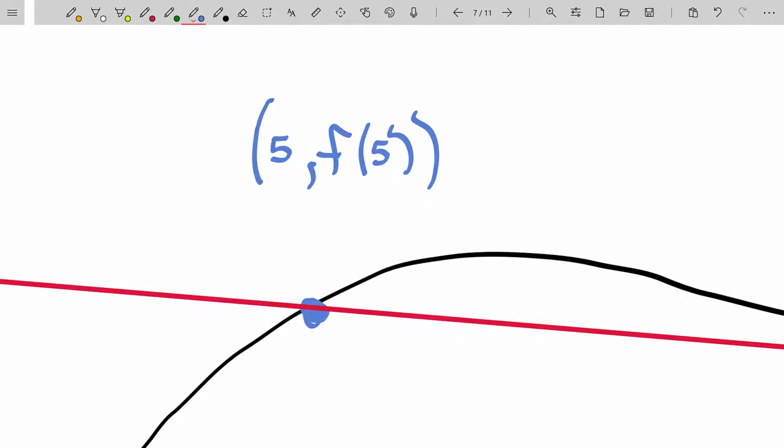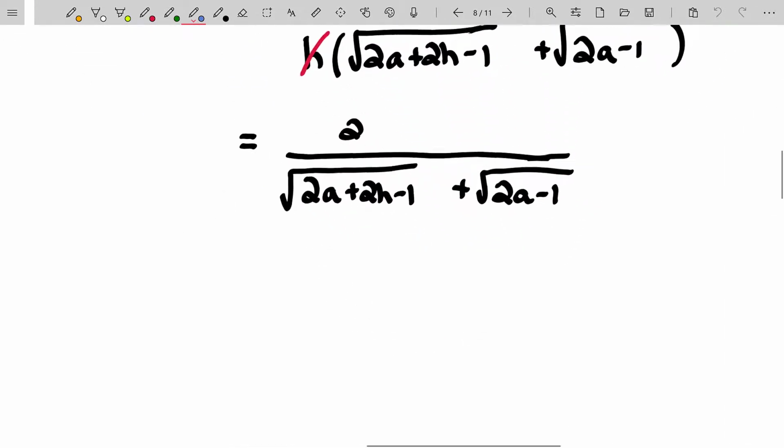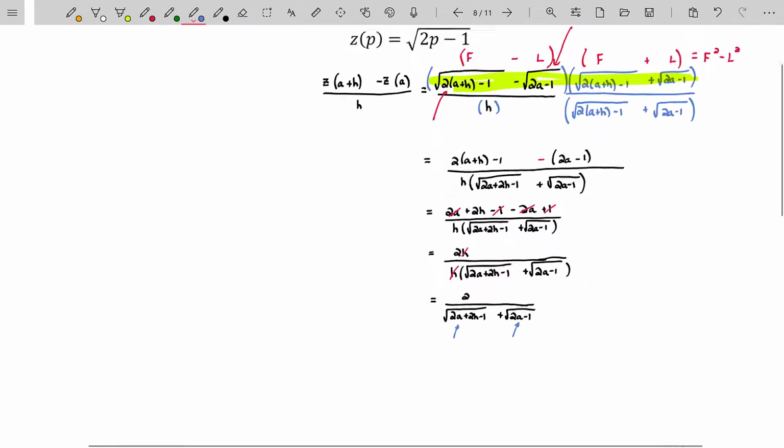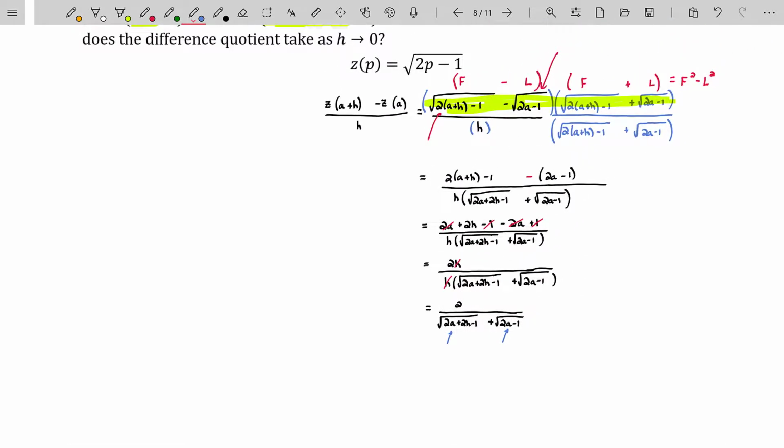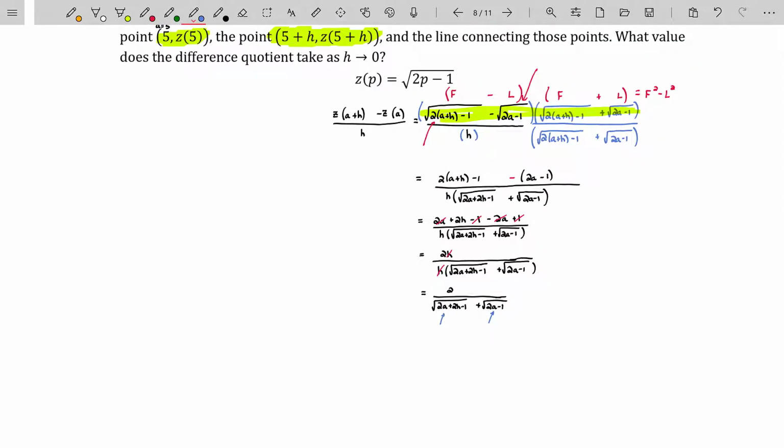Fine, z of 5. So in reality, for this problem, when we go over to Desmos, we are going to lock these values of a in to be 5. But technically right now, this is just the difference quotient that you're looking at. It's just to let you know that sometimes they give you concrete values for what a is. So they might say, find the difference quotient for z of p, and then let a equal 5.